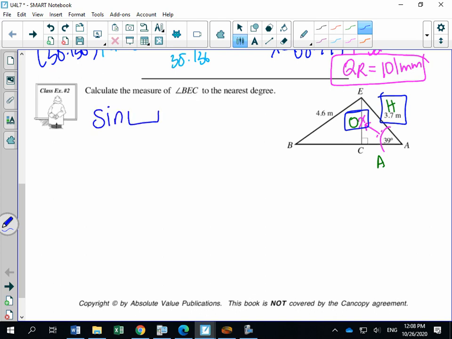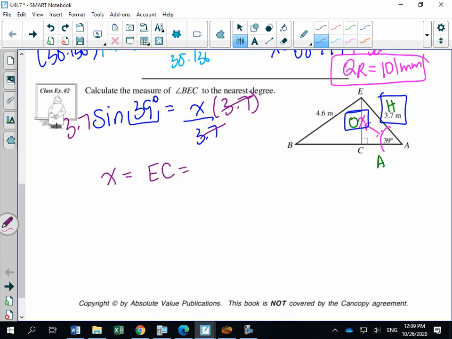So the sine of my given angle is 39 degrees. Sine is O over H, which is x over 3.7. So x is on top, so we're looking good. Multiply both sides by 3.7 to isolate your x. X, which is equal to, I'm going to call it EC or CE, doesn't matter, 3.7 times the sine of 39.